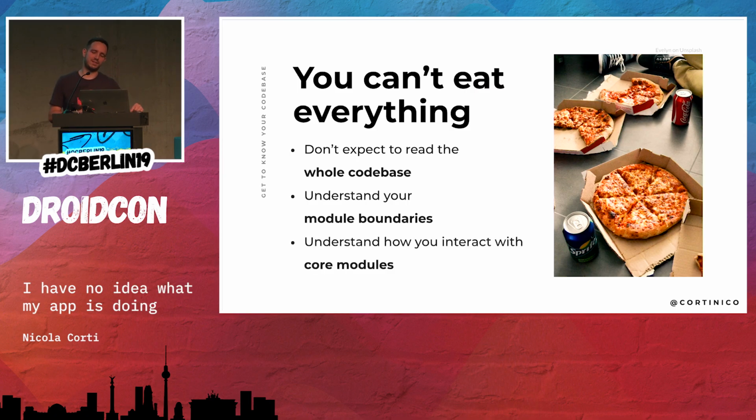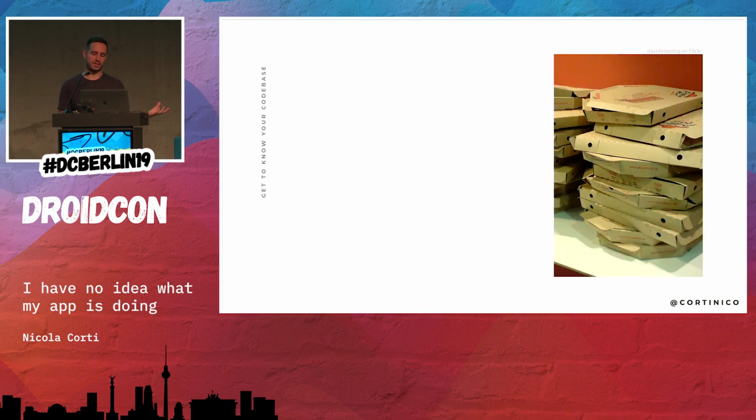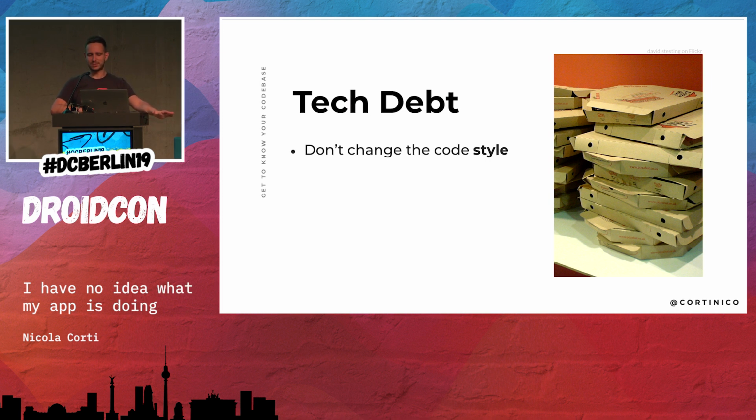Another suggestion for onboarding big code bases is pay attention to tech debt. Specifically, the app that I'm working on is 2 million lines of code. So when you start working with that, don't try to change the code style.